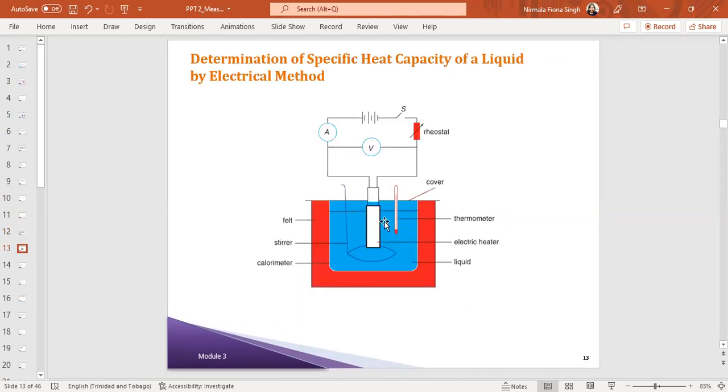So basically we have our object connected to a circuit. We know if we run electricity through a metal, that metal is going to heat up. So we have an electrical heater and we have a liquid. Now we usually use the electrical method for liquids because we can work out how much heat it takes to warm our liquid.